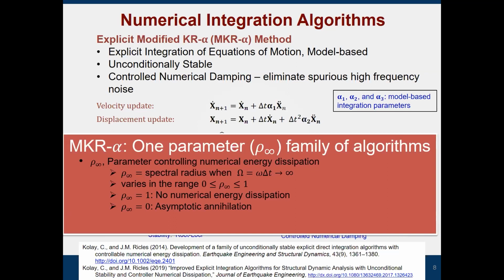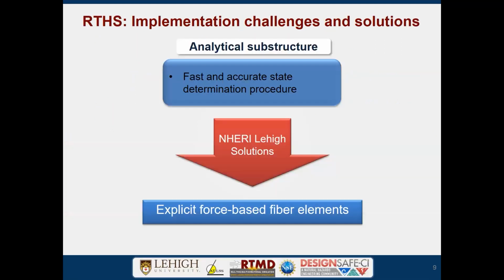Next, for the analytical substructures, we want fast and accurate state determination procedures, because you need to determine your restoring force in real time, right? That's why we propose using explicit force-based fiber elements. What's the difference between force-based fiber elements and displacement-based fiber elements?